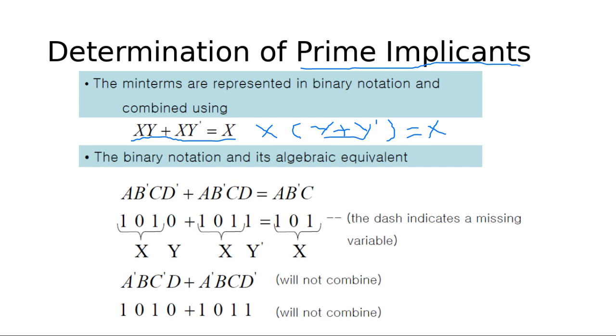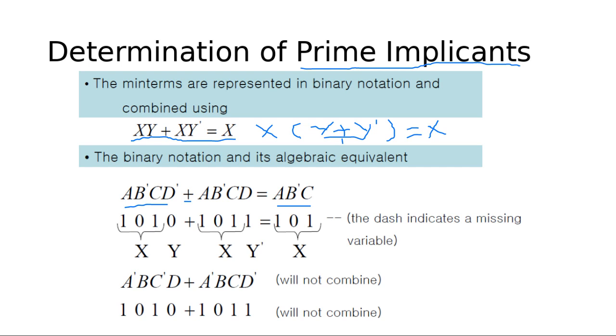This part is 1, so x and 1 is equal to x. The binary notation and its algebraic equation. Let's see an example: A not B C D or A not B C not D equals A not B C.